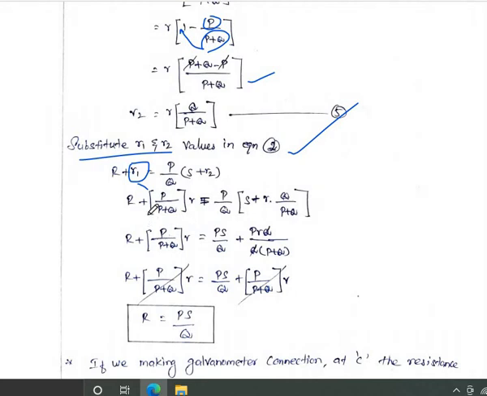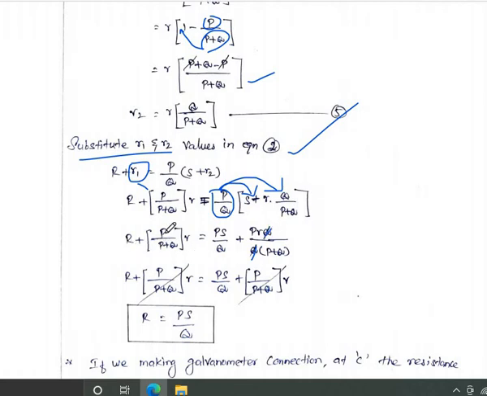Here you have to expand the equation. R plus P by P plus Q into R equal to, you have to multiply that P by Q into that value. So PS divided by Q plus again that value is multiplied here: P R Q divided by Q into P plus Q. Numerator Q and denominator Q cancel, so remove them.